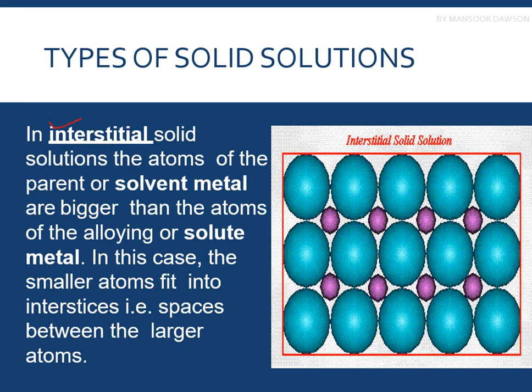Then we have the interstitial solid solution. In an interstitial solid solution, you can see that the solute atoms, the impurity atoms, are very small, and they fit inside the interstices, the empty spaces over here.